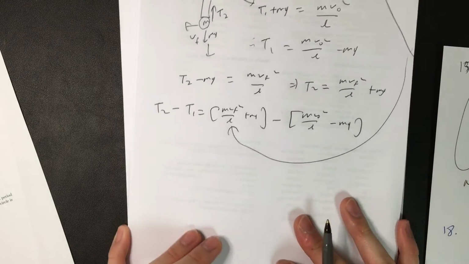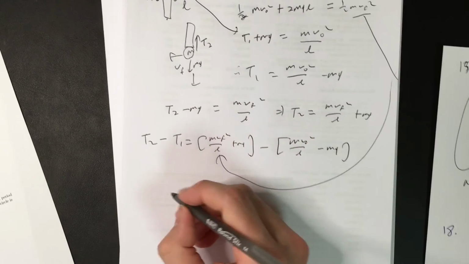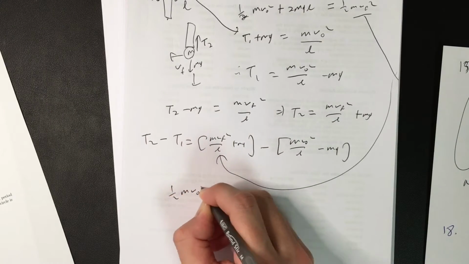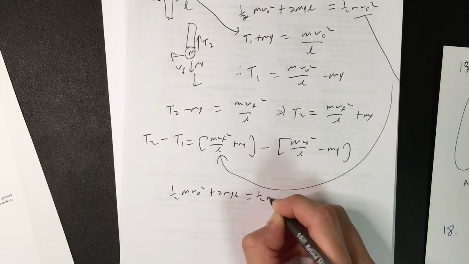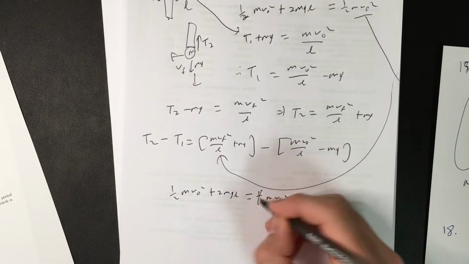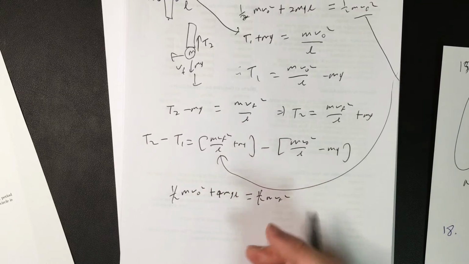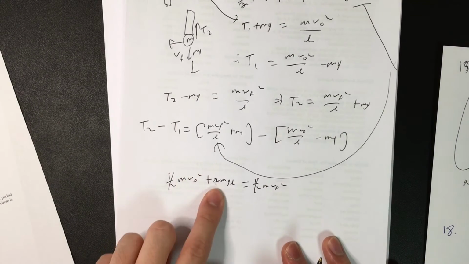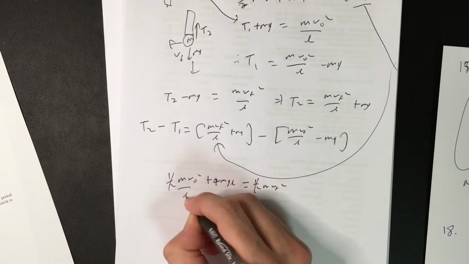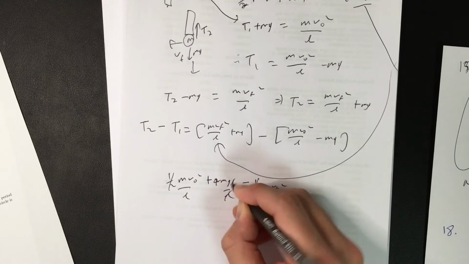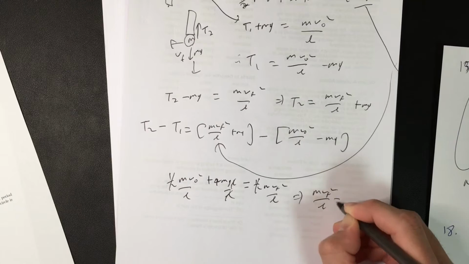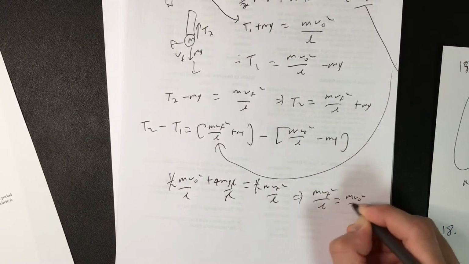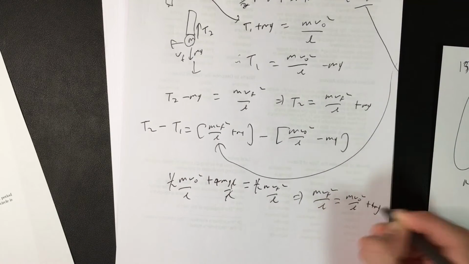Using the equation from conservation of energy, which was 1/2 m v naught squared plus 2mgL equal to 1/2 m v final squared, I'm going to multiply by 2 and divide by L, which leads to m v final squared over L equal to m v naught squared over L plus 4mg.